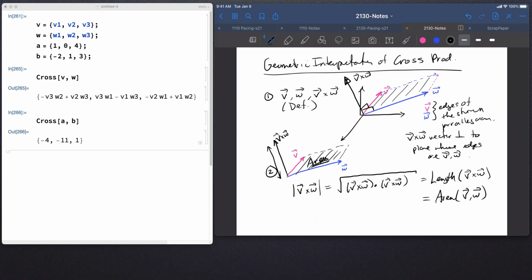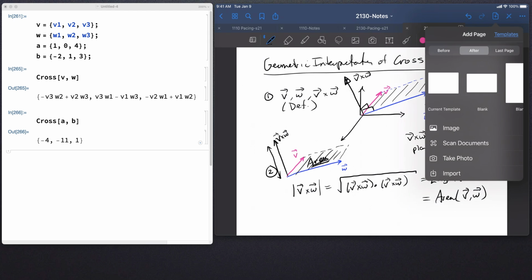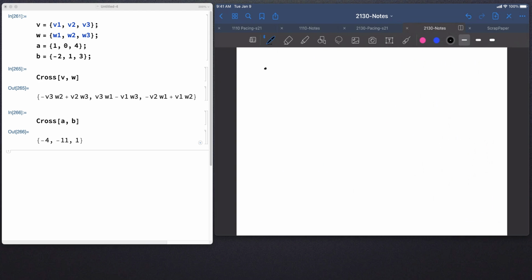Okay, and if you'd like to see just a quick example of that, let's take the simplest possible case. Let's take the vector v to be 3, 0, 0, and the vector w to be the vector 0, 4, 0.